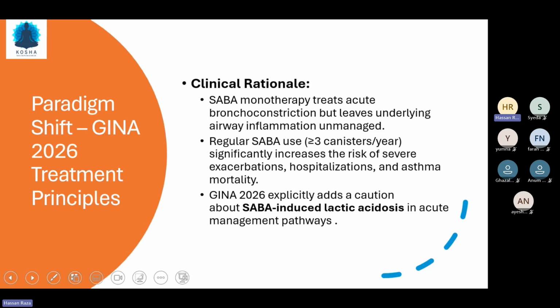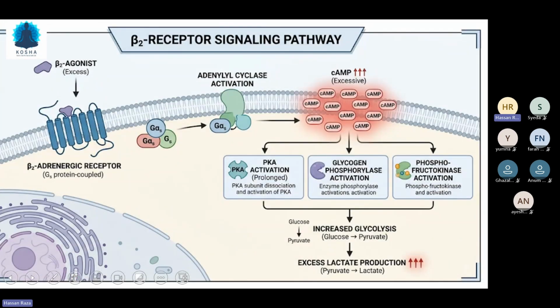Basically, if you give an excess quantity of these short-acting beta-2 agonists, they bind with the beta receptors, and these receptors increase the level of cAMP, increase glycolysis, and increase the production of lactic acid.